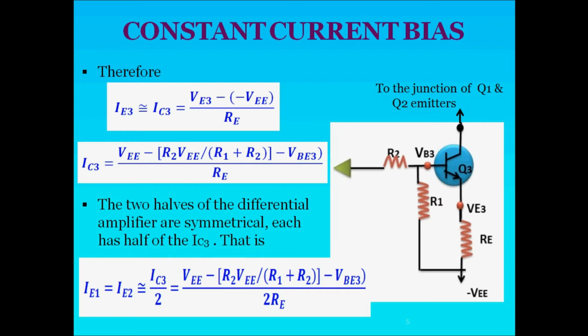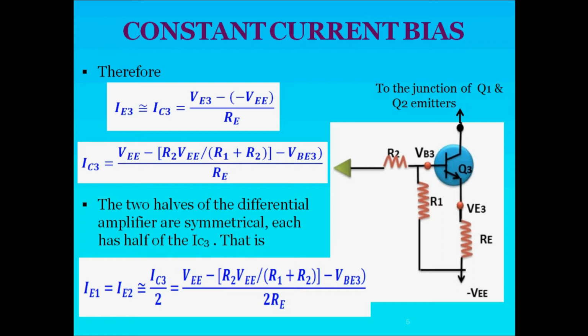Now we already found the value of VE3; substitute it into this equation, and the minus of minus VEE becomes positive. So we can rearrange the equation: IC3 is VEE minus, for VE3, now we have substituted R2 into VEE divided by R1 plus R2, minus VBE3, divided by RE.